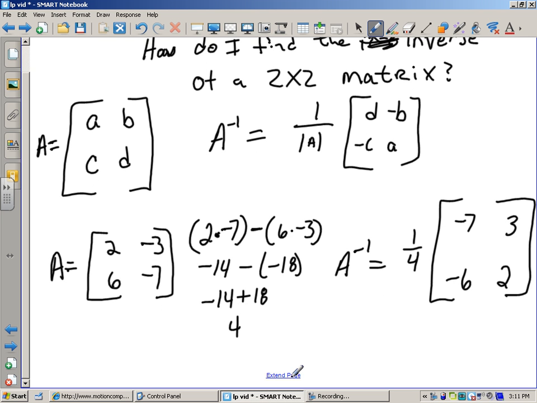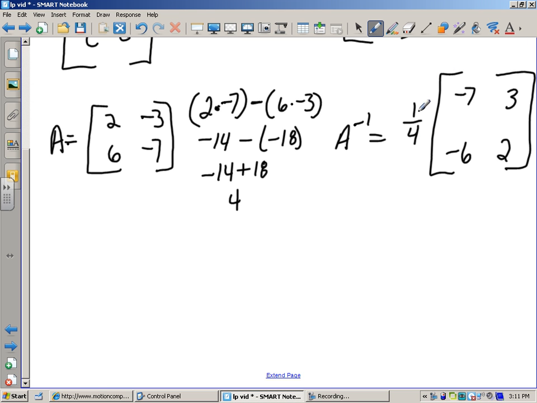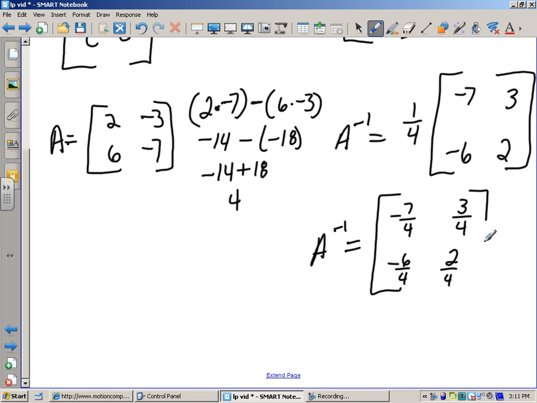So what you do now is just distribute this 1/4 through your matrix. So A inverse equals, and 1/4 times -7 is -7 fourths. 1/4 times 3 is 3/4. 1/4 times -6 is -6 fourths. And then 1/4 times 2 is 2/4.